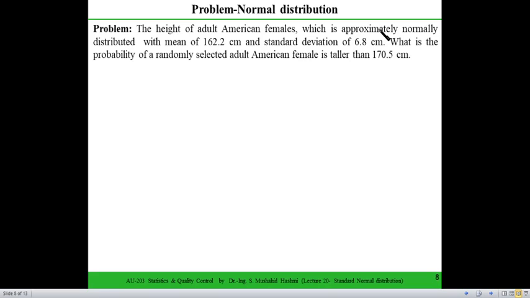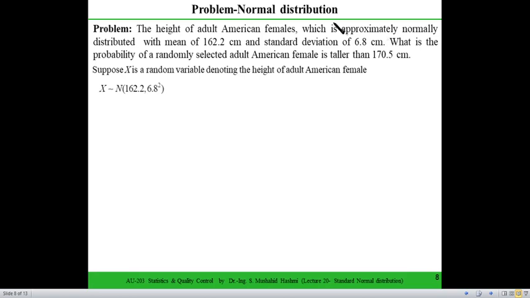Once we have to do it using the table, we have to transform the x variable into a z variable. In the same problem, the first step is always to identify a random variable. x is a continuous random variable, representing the height of adult American females from the population, and from the data we know that x is normally distributed with mean 162.6 and standard deviation 6.8.